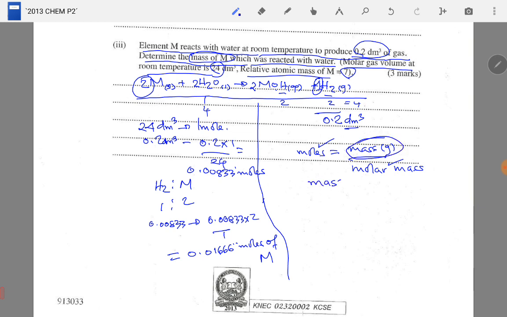So mass can be worked out as moles times molar mass. Moles 0.01666 times 7. And the answer works out clearly to 0.11 rounded off to 3 significant figures. We have that as the mass.